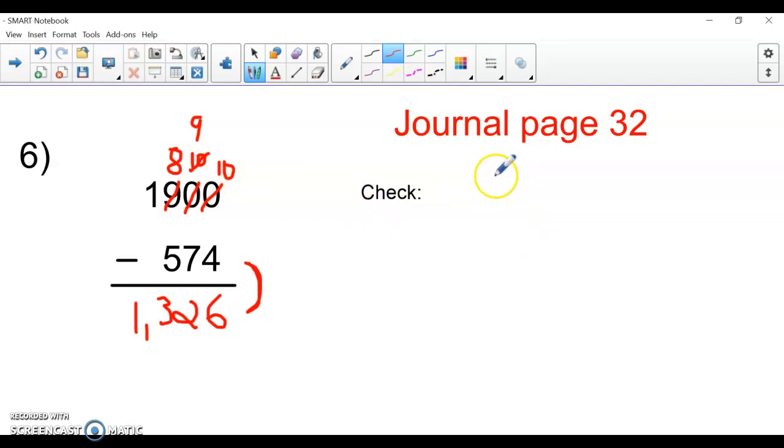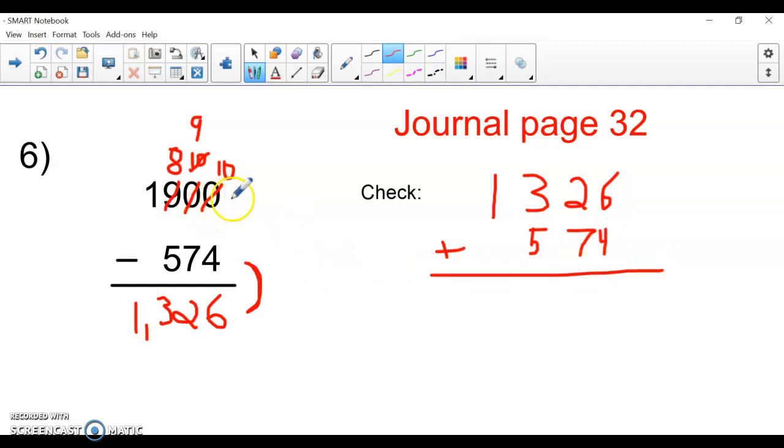So let's do the addition. So 1,326. And now I'm going to add 574. All right, let's see if we're right. If we're right, that means we're going to get 1,900. 6 and 4 is 10.